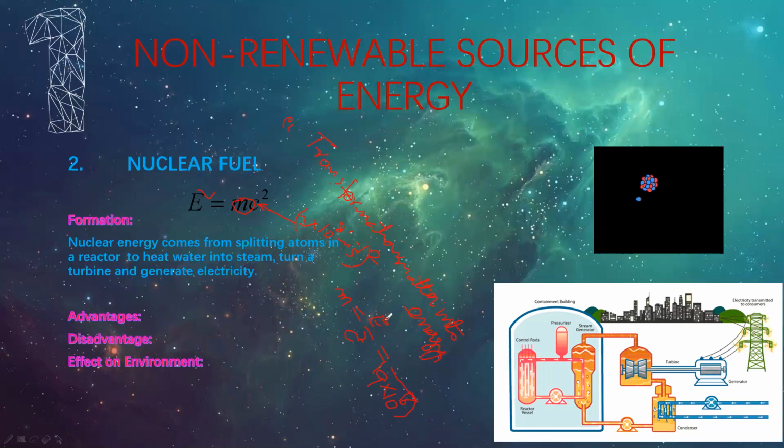This can be done either by accelerating this mass to a very high velocity, or by increasing the temperature of the mass, so that it is converted into energy. For this purpose, the fuel usually used is uranium, mostly uranium 235, that is this element.